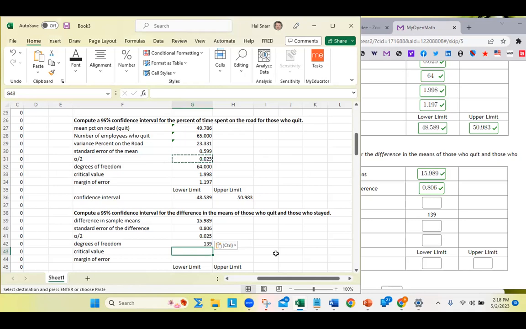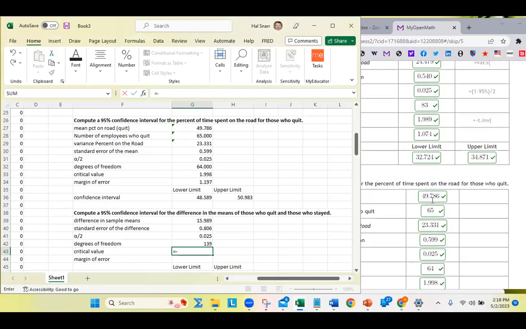For the critical value, you type equal minus T.INV, open parenthesis. The first thing it's asking for is the probability. That's your alpha divided by 2 number, in my case 0.025.